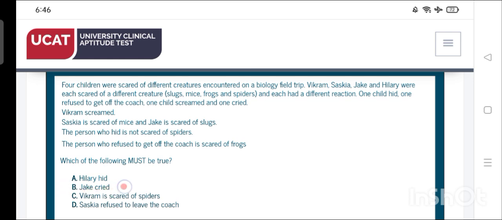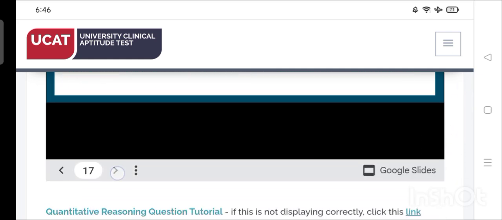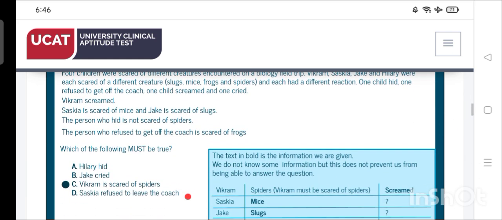So first we have A, Hillary hid, B, Jake cried, C, Vikram is scared of spiders, and D, Saskia refused to leave the couch. Now you have to conclude the answer from the statements given above in the form of a passage, and then you can choose the correct option.